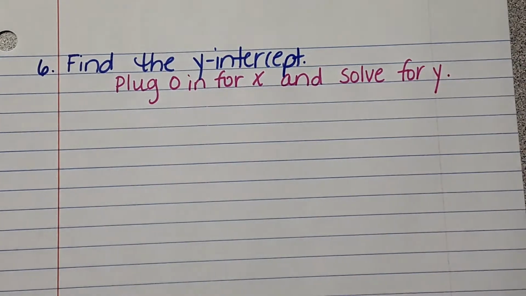Now there's a couple key points for you to remember about how to find the y-intercept. You can always plug it in, but there's a couple of things that will save you time if you notice.